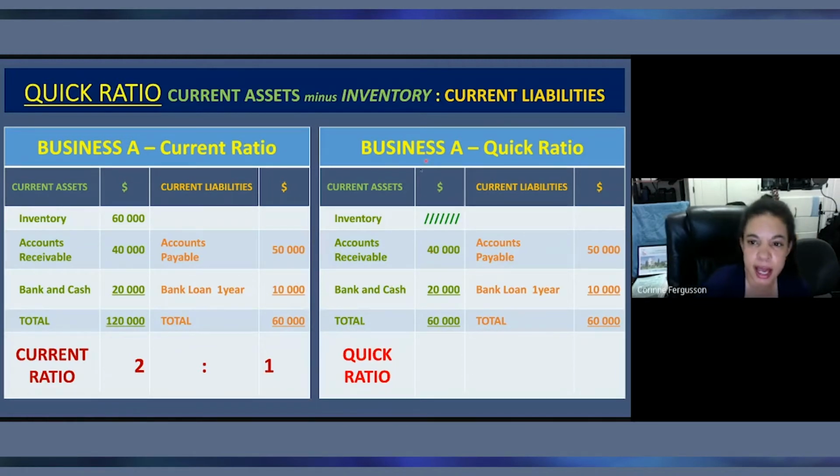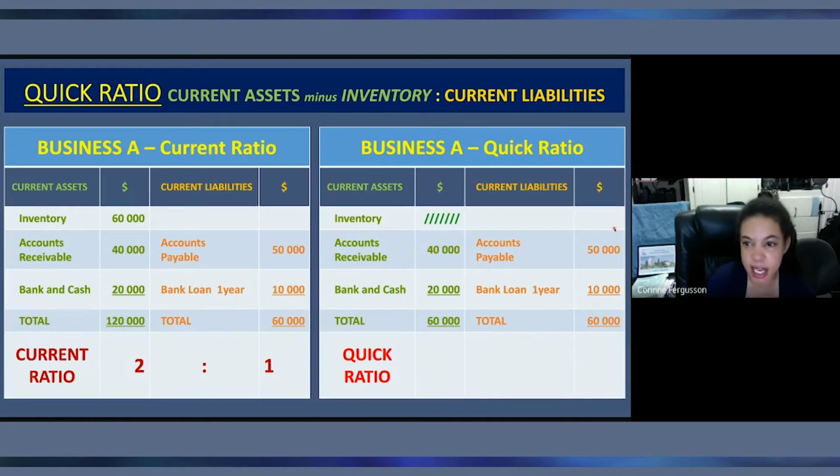Then we will look on this side here, and the difference is for your quick ratio, you exclude inventory because it is the least liquid. So to get a better idea, we take this out totally. So what you will have is a total of 60,000 instead. The 120,000 minus your 60,000 leaves you with your liquid assets of 60,000.